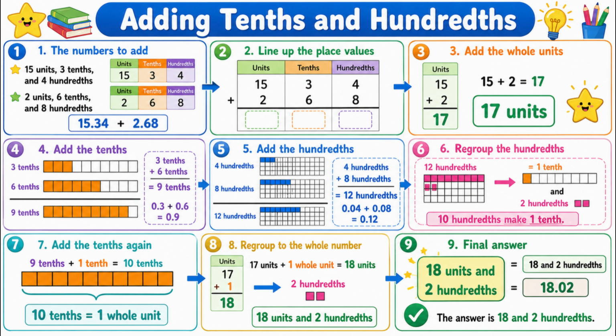Now add the hundredths. 4/100ths plus 8/100ths equals 12/100ths. But 12/100ths is equal to 1/10 and 2/100ths. So 9/10ths plus 1/10 becomes 10/10ths. And 10/10ths make one whole unit. So the total becomes 18 units and 2/100ths. The answer is 18 and 2/100ths.